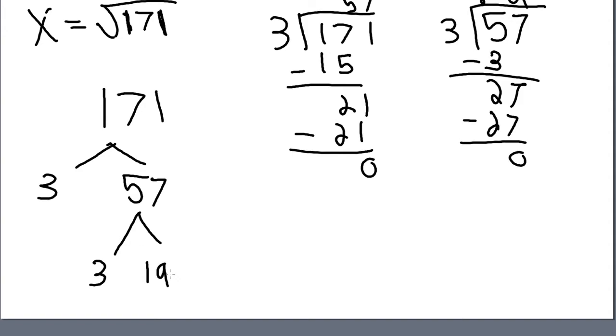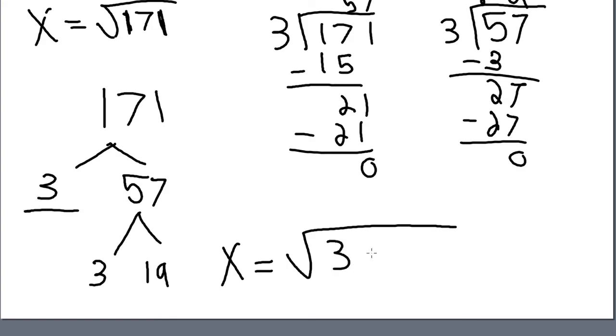Okay, well, from here, instead of putting the square root of 171, I'm going to put the square root of 3, which I get from here, times 3, which I get from here, times 19.